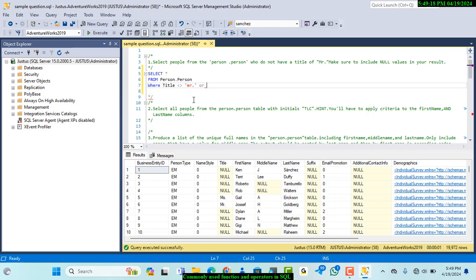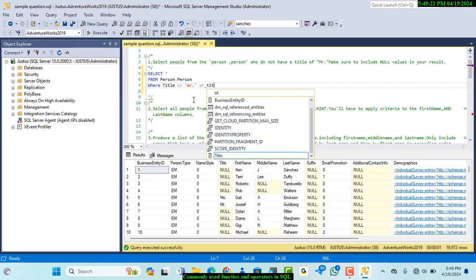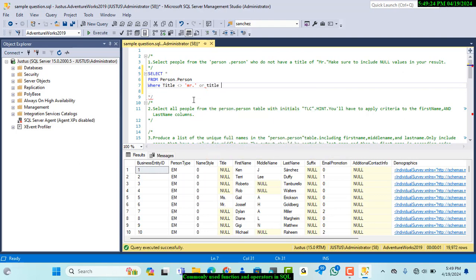Can I better use the OR title IS NULL, or title is null. Then I execute the query to see the result. Good.